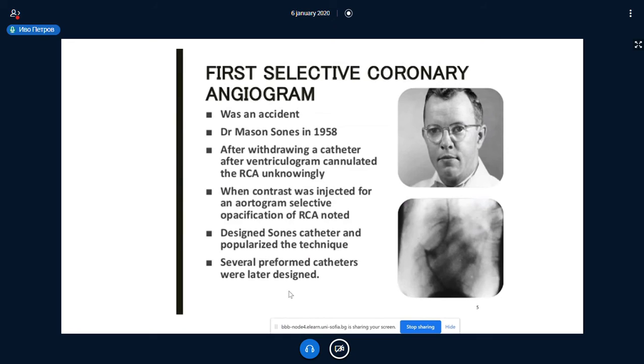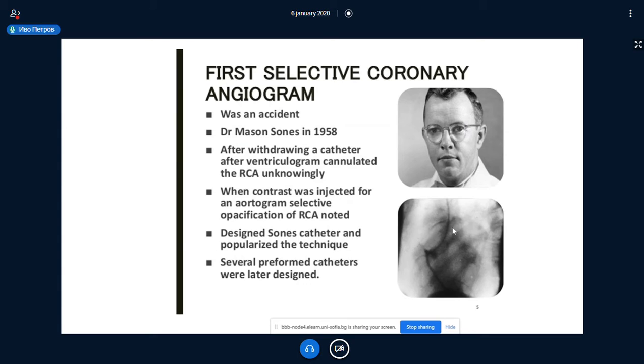Speaking about classical conventional coronary angiography, this gentleman, Mason Sones, in 1958, by chance, with his catheter positioned in the aorta, performed selective coronary angiography by incident. Until this date, the coronary arteries were visualized with a simple injection of contrast into the proximal ascending aorta, especially in the sinuses, the sinotubular junction region.